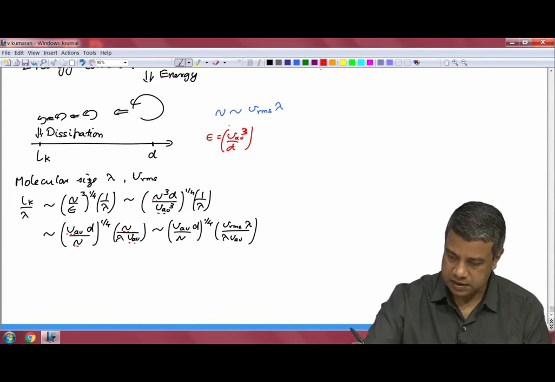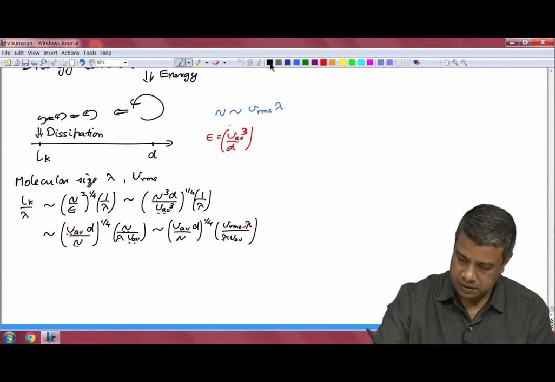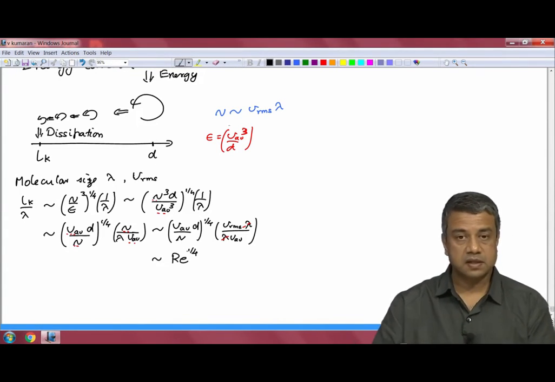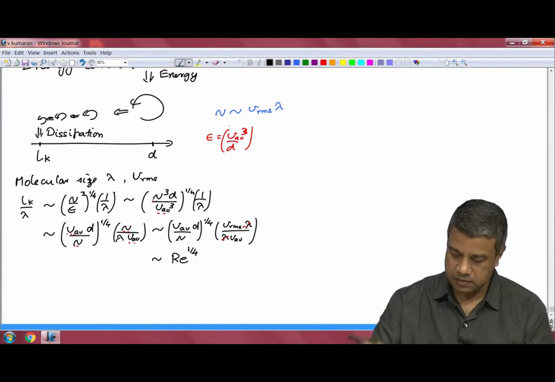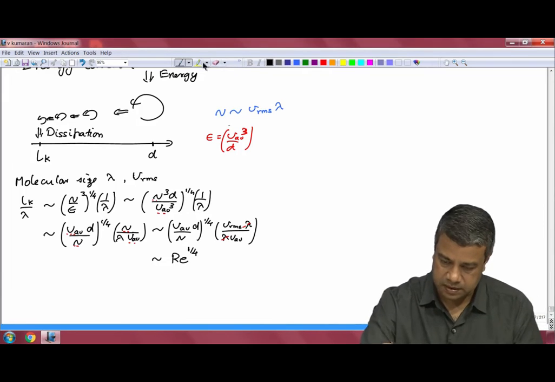And therefore, these cancel out. This first term here is a Reynolds number to the power 1/4. This is the large scale Reynolds number, not the Kolmogorov scale Reynolds number. So, this scales as the large scale Reynolds number to the power 1/4. Let me just write it here.